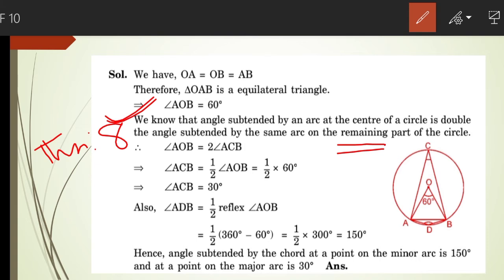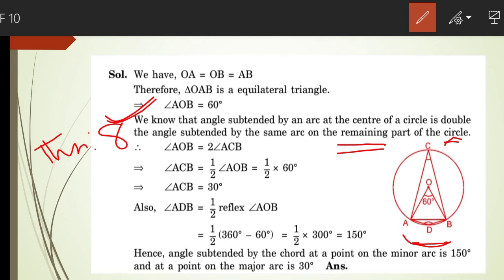So angle AOB should be 2 times angle ACB. Here we are considering the arc AB and considering the major arc. So if we leave out the small arc AB, the minor arc AB, the remaining part of the circle contains C. So here the angle will be ACB.